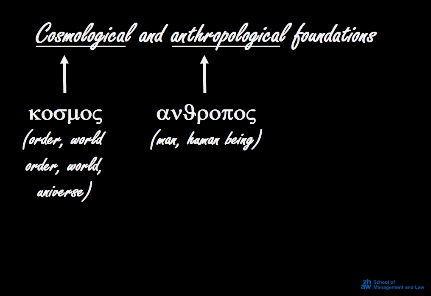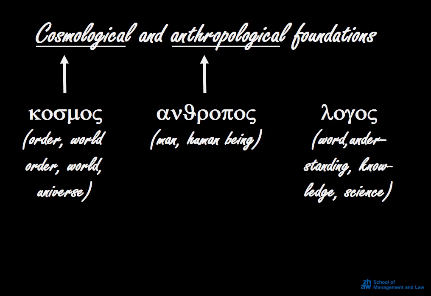Anthropological is rooted in the ancient Greek word anthropos, meaning man, human being. And in both adjectives, you have also the element logical that goes back to the ancient Greek word logos, meaning word, understanding, knowledge, science. So cosmology means understanding of world order.